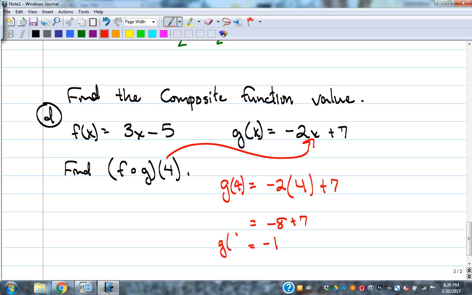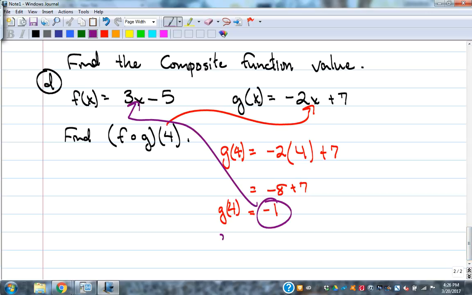So the y value that goes with the 4 as the x value is -1. We're going to take that and put it in for x in f of x. And that's going to get us our composite function value. 3 times -1 minus 5, which would be -8 as a final answer.